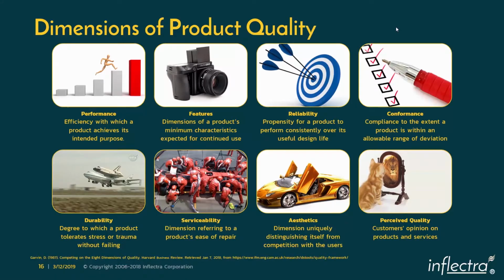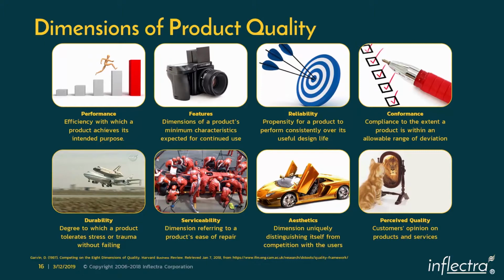The dimensions of product quality. First, let's start with performance. This is the efficiency with which a product achieves its intended purpose. Remember, efficiency is about doing things right. So engaging the right stakeholder and building appropriate best practices and processes that allow the product to meet the customer's need is part of performance.